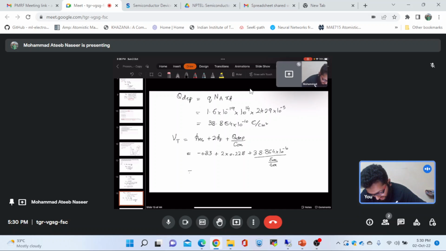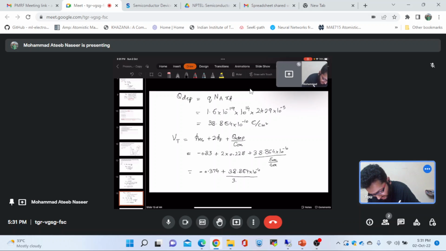So let me add these values first: 2 into 0.228 minus 0.83. So it's minus 0.374, plus 38.864 into 10 to the power of minus 10, divided by C ox.